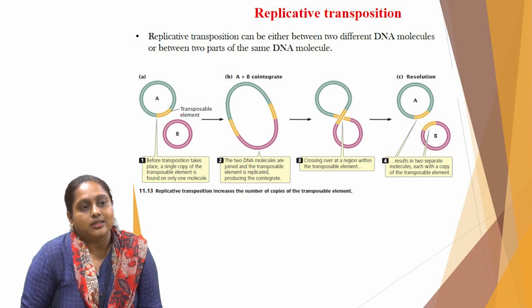In the third step, there is a crossing over within the transposable element. In the end, both A and B DNA molecules contain a transposable element. This formation of the transposable element in both molecules is termed replicative transposition.